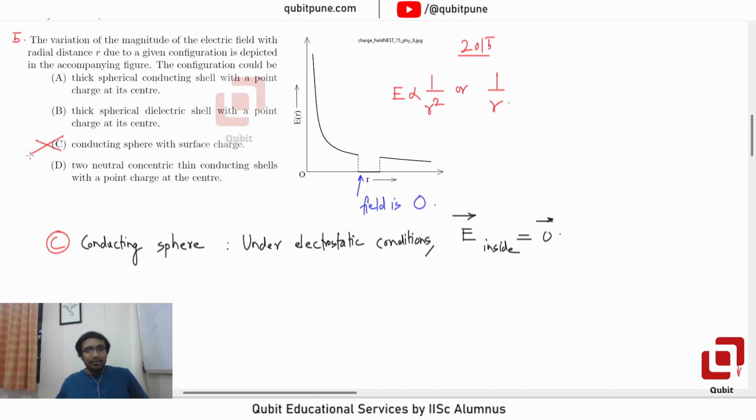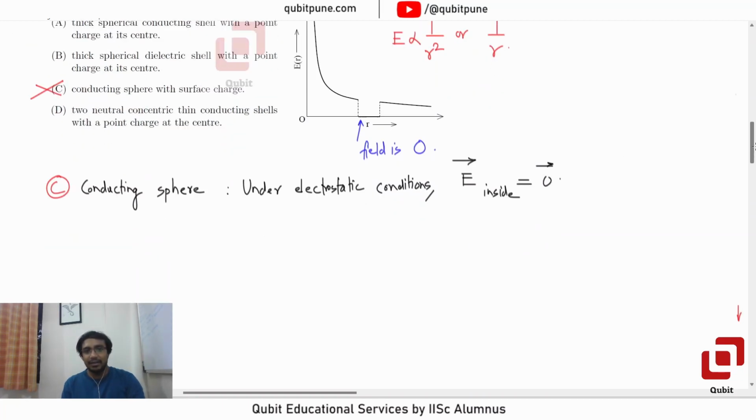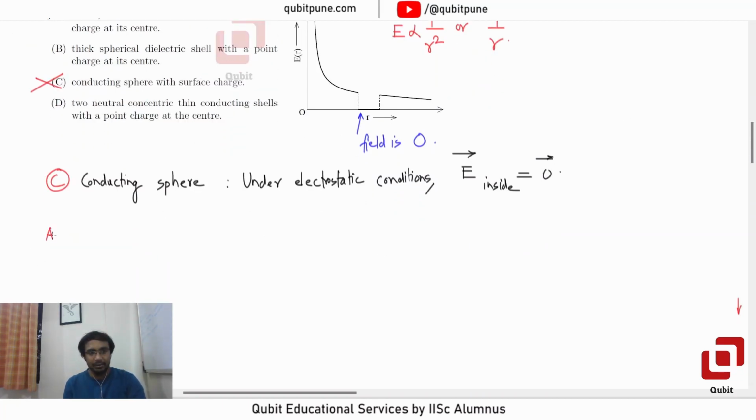Now let us go to option A. They are saying thick spherical conducting shell with a point charge at its center. Let us argue whether A is right or wrong.